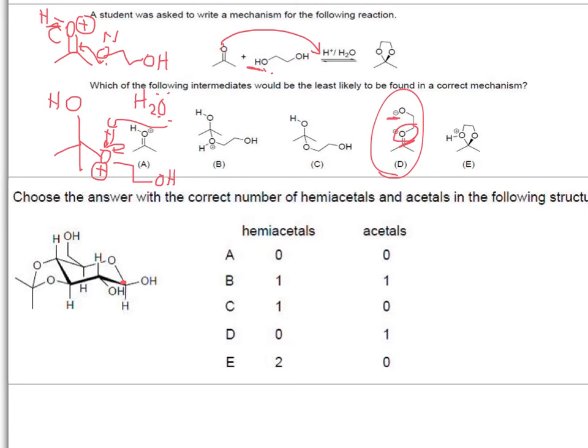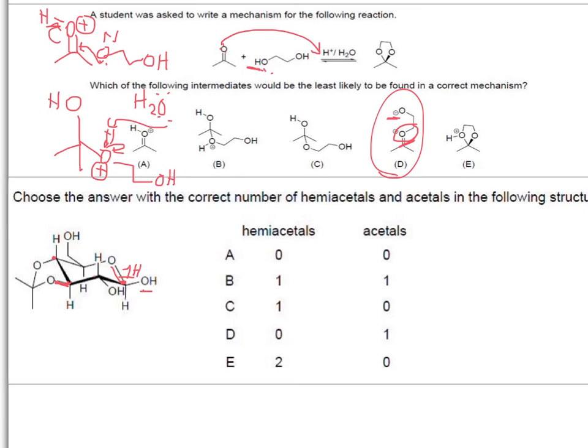If you notice, this particular one has an OH and has an OR. So there is one for the hemiacetal. If you go to the next one, it's only OH and H, so we don't worry about that. To the next one, you have essentially an OR, and then it's going to a carbon, so that's an ether.